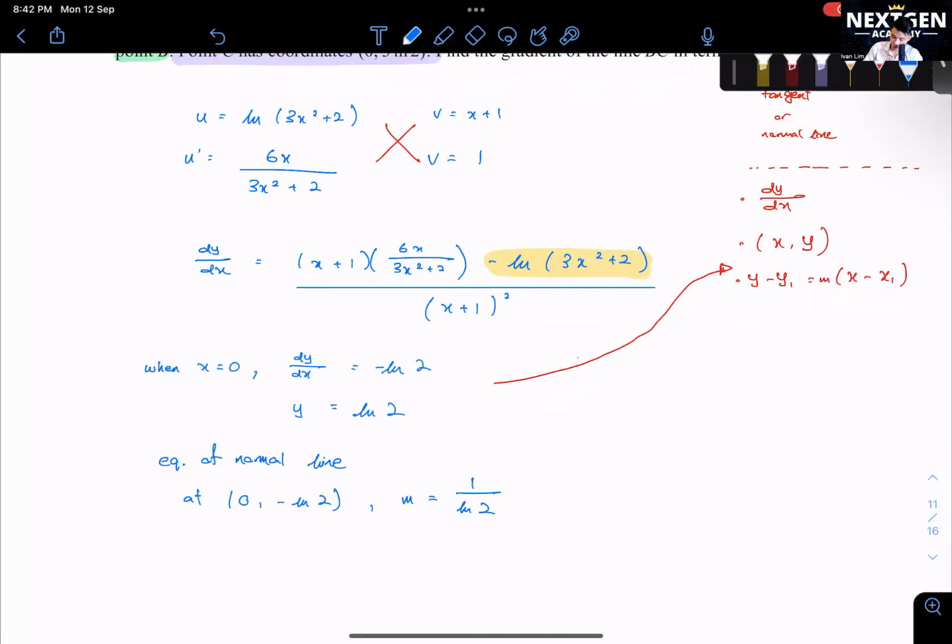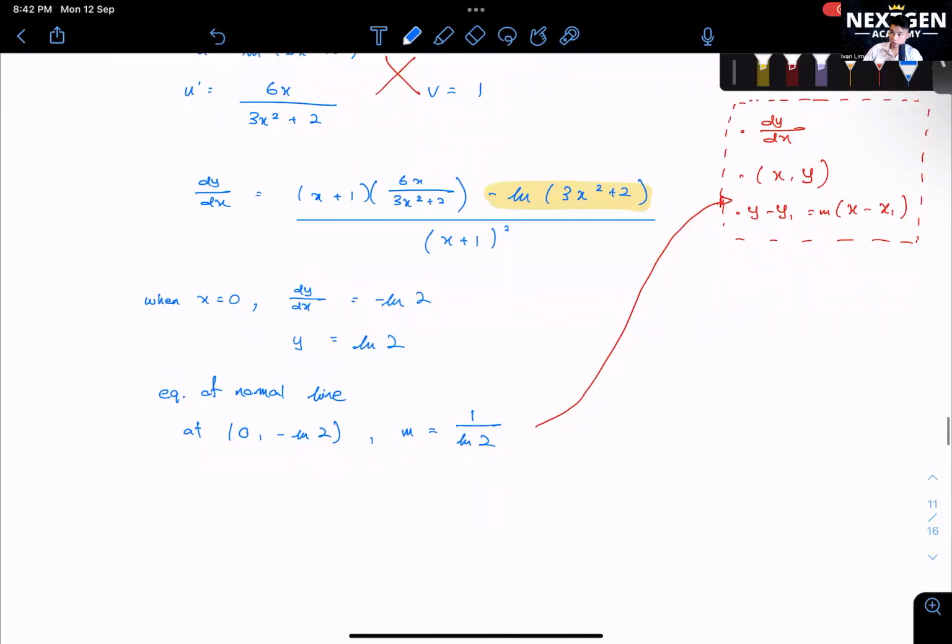As long as I have my x, y, and m, then I can solve it already. I can construct an equation of a tangent line or a normal line. Both use the same steps, just that for the normal line you have one extra step: you find your dy over dx, then you inverse it and change the sign.